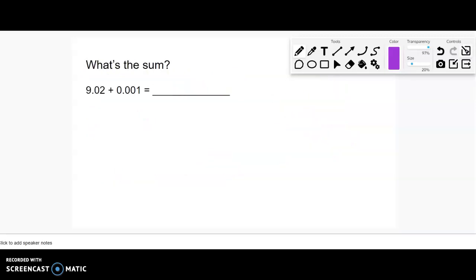Sometimes instead of saying add these, it might ask what's the sum. Remember, sum means the answer to an addition problem. So 9 and 2/100ths plus 1,000th. I can either think, okay, if I don't have any and I'm adding on 1, I'm just going to have 1 in my thousandths place because I didn't have any before.